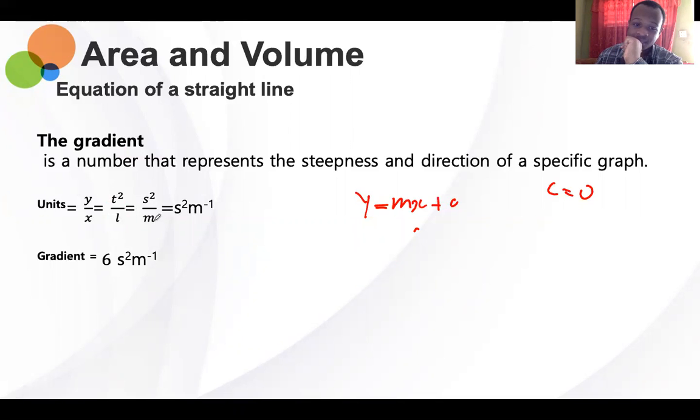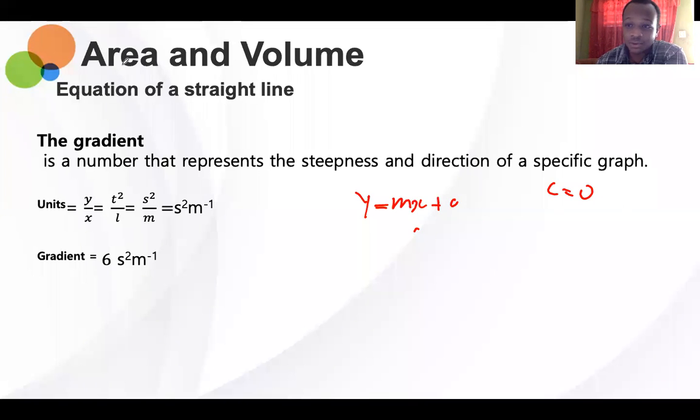Because meters is in the denominator, we have a -1 here. We want to place them in the same position, so we just put a -1 here to indicate that it is in the denominator. And we still have our seconds squared. Because it was period squared, it cannot be just seconds; it has to be seconds squared. You understand now? Yes, sir.